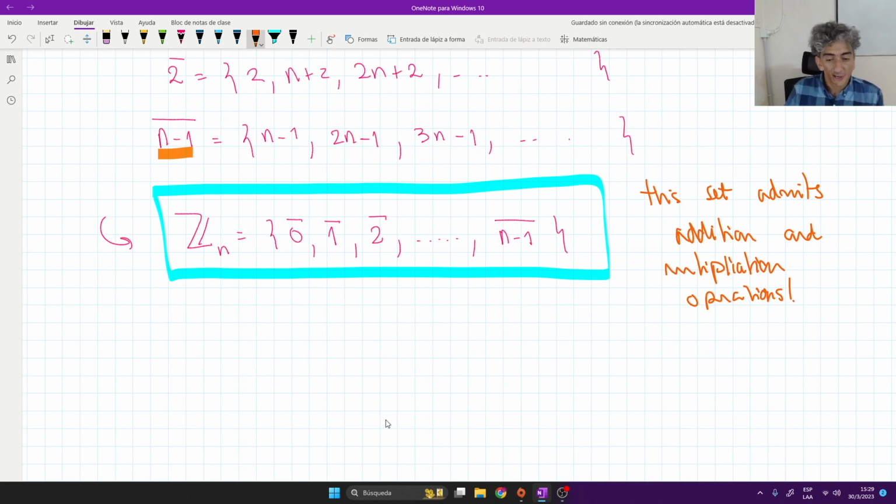So how do we do that? How do we define addition and multiplication?